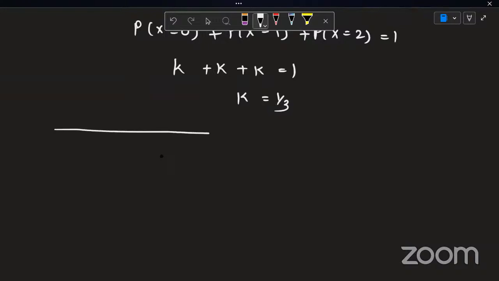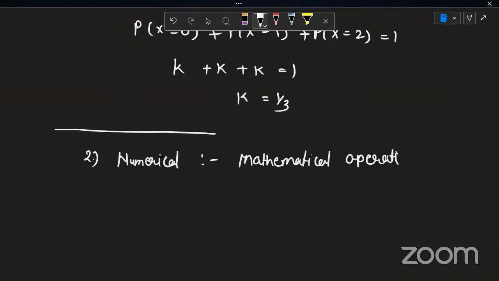In numerical we can perform operations, and in categorical we do not. Yes, whenever numerical variables are there, some mathematical operations are doable, either addition or ratio, whatever it is.